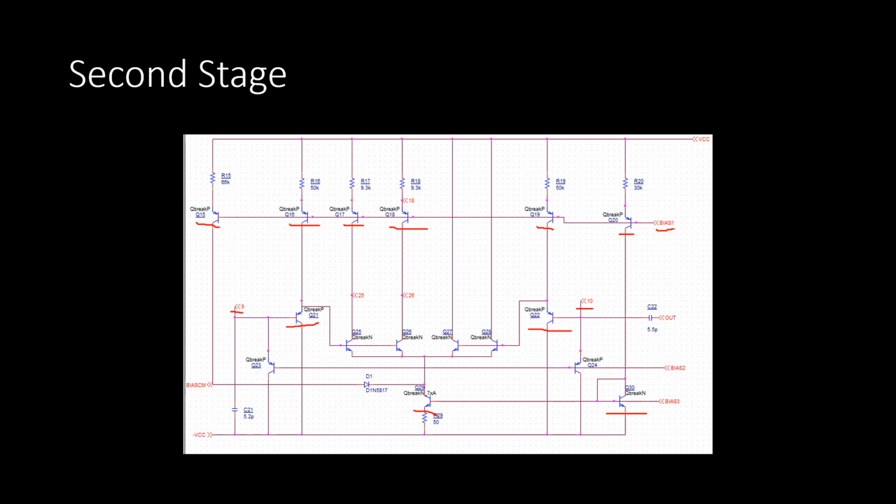These emitter followers reduce the loading effect on the first stage, which increases the gain of this first stage. The main gain stage of the second stage is formed by these differential pairs, which output to the output stage through nodes 25 and 26.